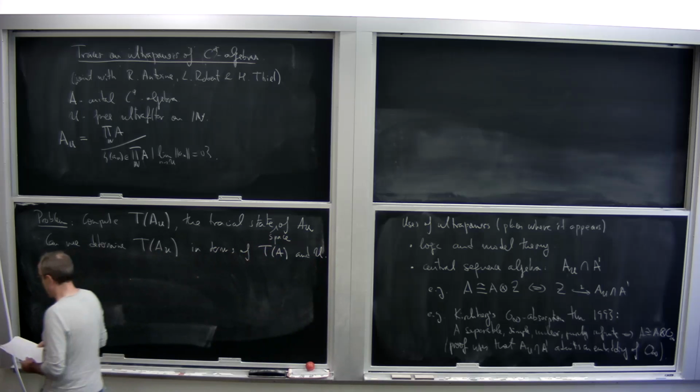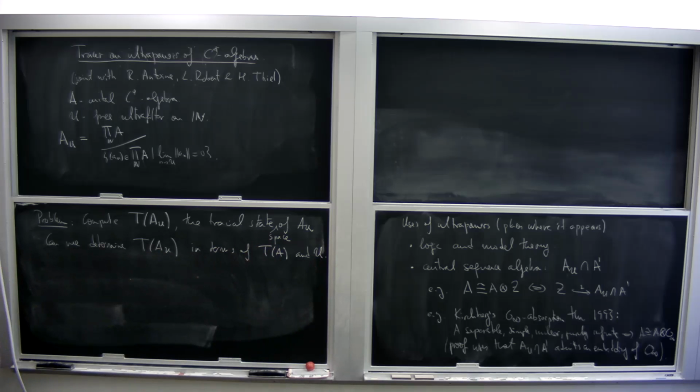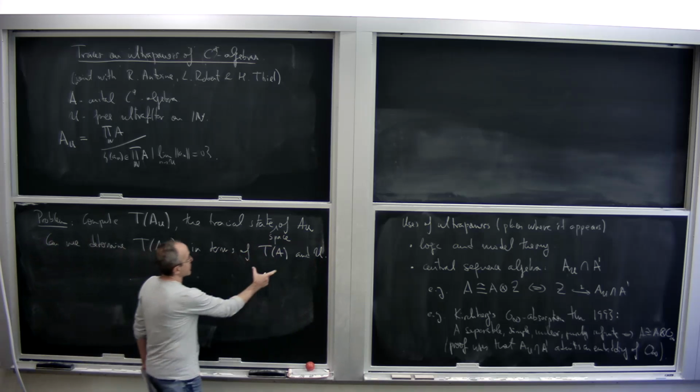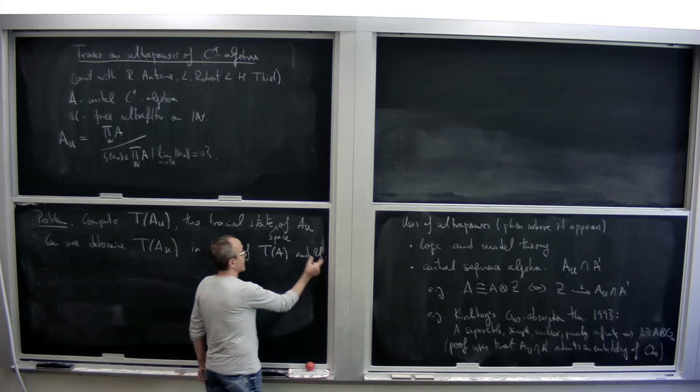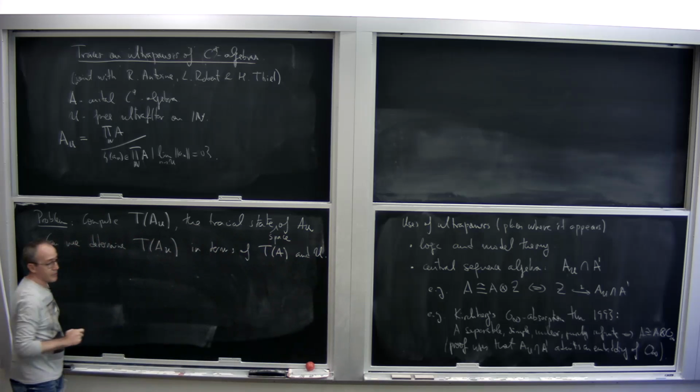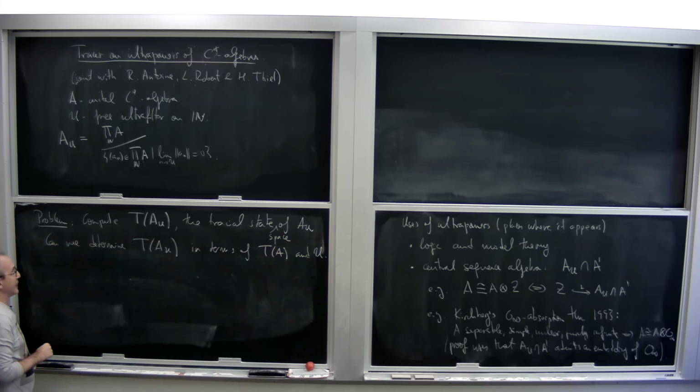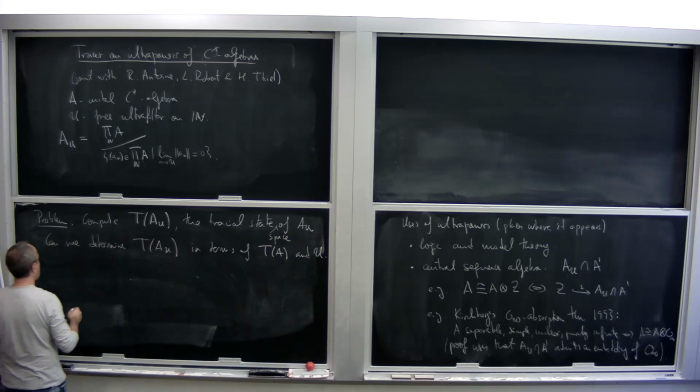Right. So that's the question we want to address. Okay. And to do so, we find a natural map from an object that depends only on the tracial state space and the ultrafilter to the tracial state space of the ultrapower. And then we see when this natural map is actually an isomorphism.